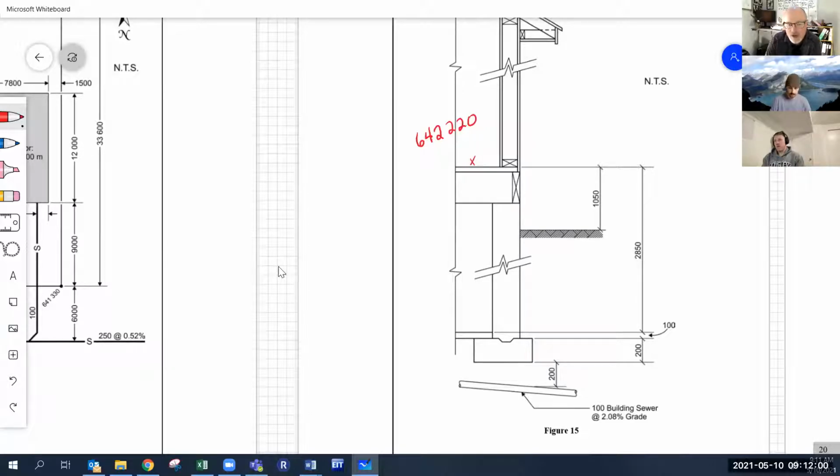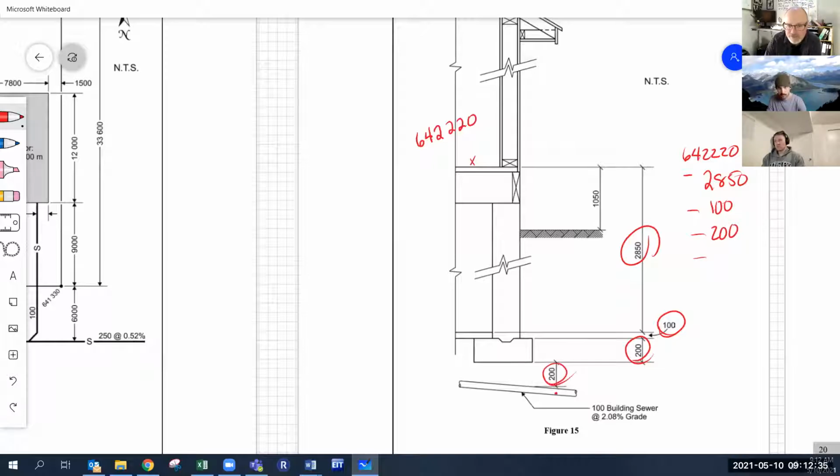So I want to know the invert elevation, and invert is the bottom of the inside of the pipe. So we're going to minus off this 642,220. We're going to minus off this 2850. We're going to minus off this 100. We're going to minus off this 200, right?